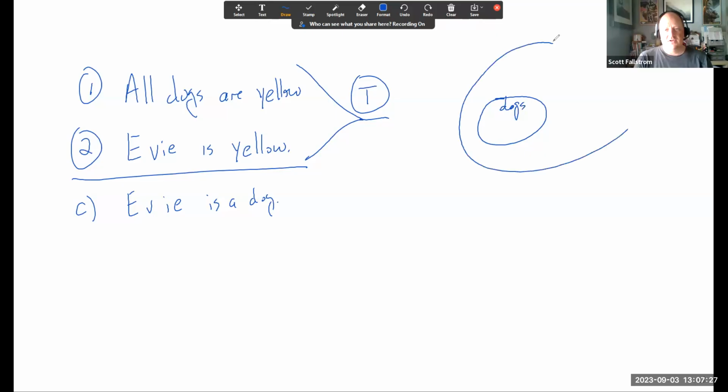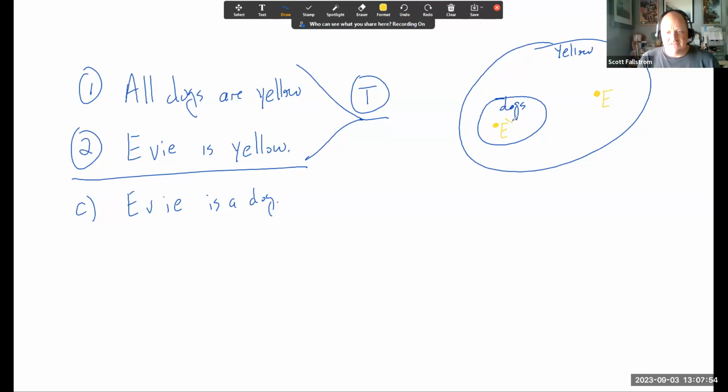That's all dogs. And here's everything that's yellow out here. Okay, got it labeled. I know that Evie is yellow. So the question now is, where should I put Evie? I know that Evie is yellow. So notice Evie could be located here. Evie could be located here. As long as Evie's in the yellow circle, Evie could be anywhere.